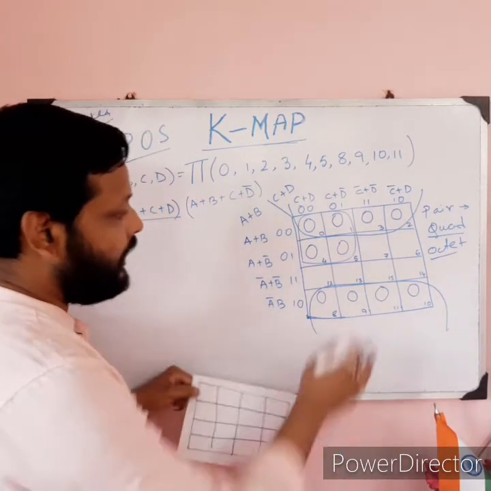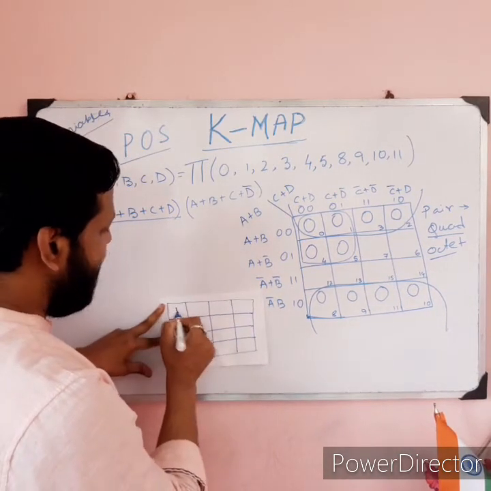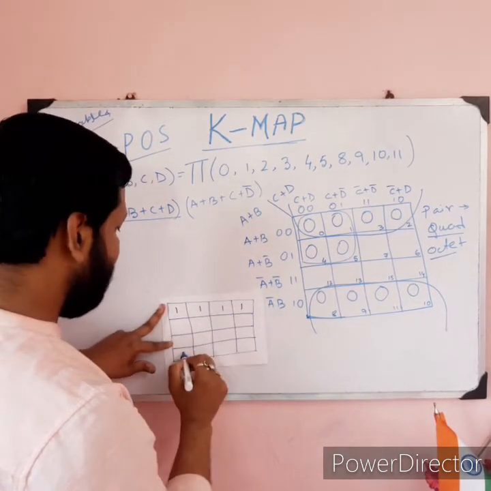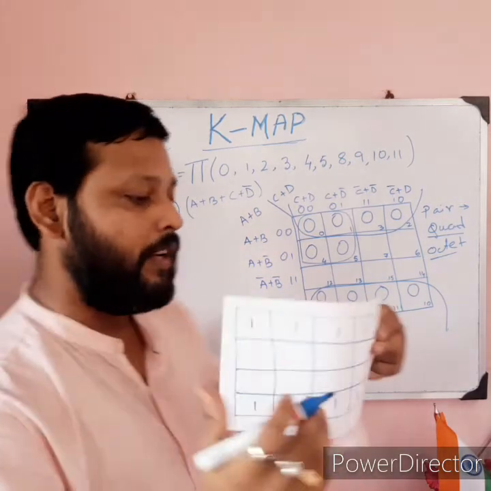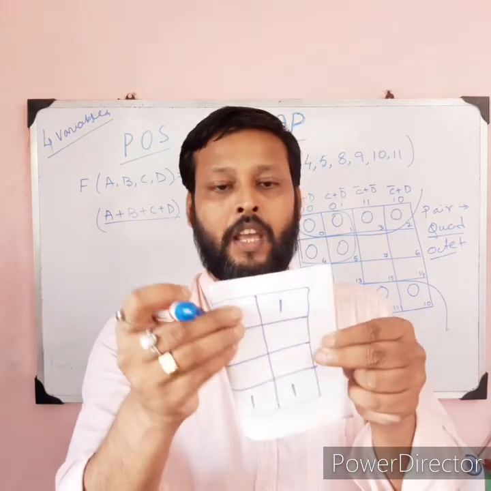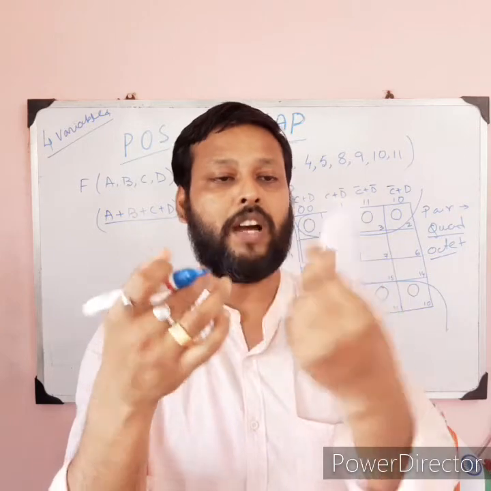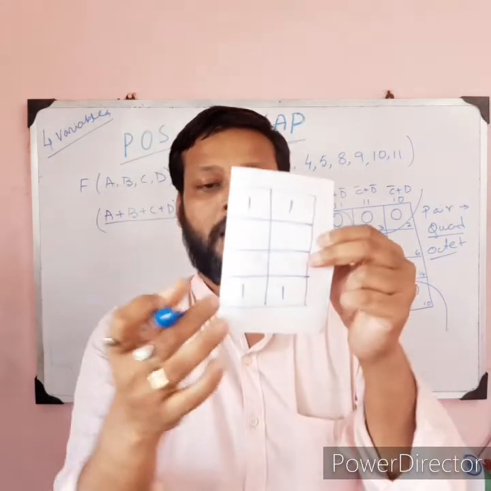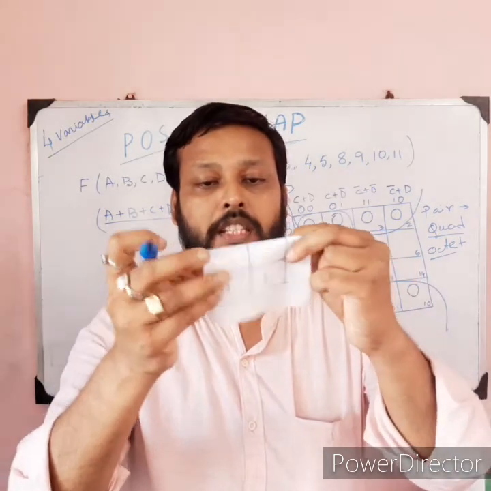Let me explain how these 8 create a symmetric form. See, 1, 2, 3, 4, 5, 6, 7, 8. Now, why is this a symmetric form? Because if we fold this one the first time, we can find out that these 2 ones and these 2 ones are together here, and this one is also together. This is the second fold.